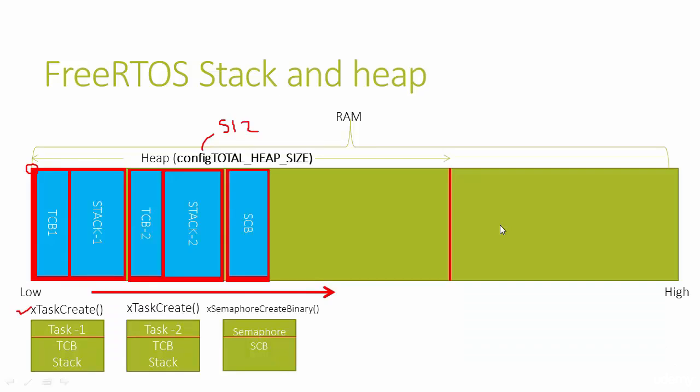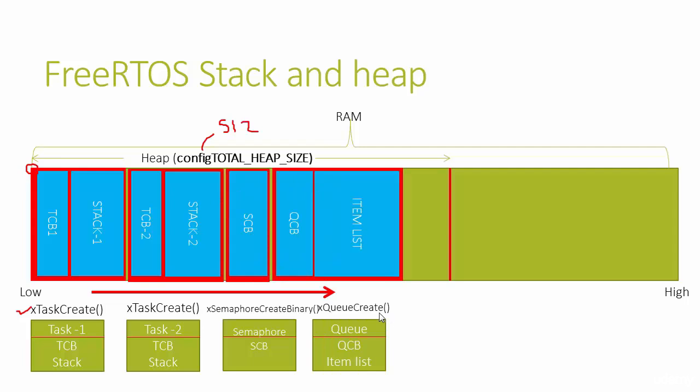When you create a semaphore, for example, the semaphore will have its own semaphore control block, and that control block also will be allocated in the heap memory. And let's say after that you create a queue. The queue will have its own queue control block and an item list to hold the queue items. This actually depends on the size of the queue.